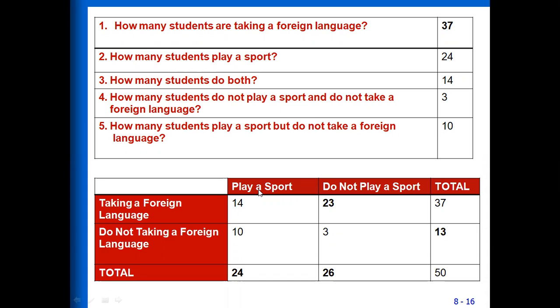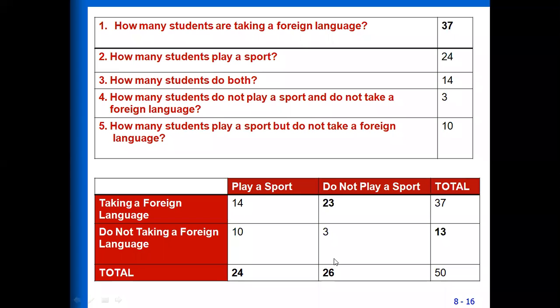Similarly, it is given that 24 students play sport, and this can be calculated by subtracting 14 from 24. 10 is the number of students who do not take foreign language but play sport.